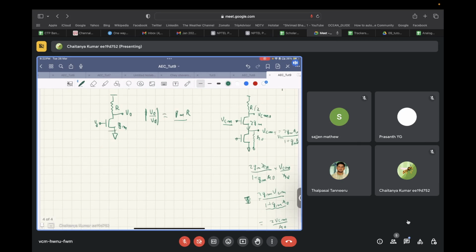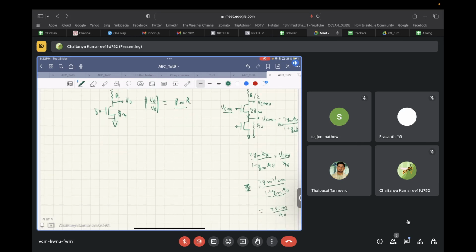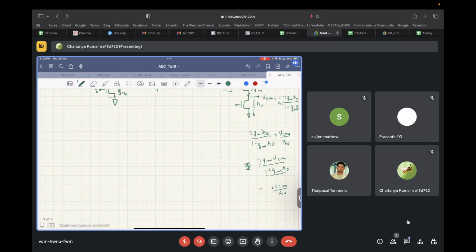Now VCMO can be written as the resistor R by 2 multiplied by the incremental common mode current, let's call this ICM.